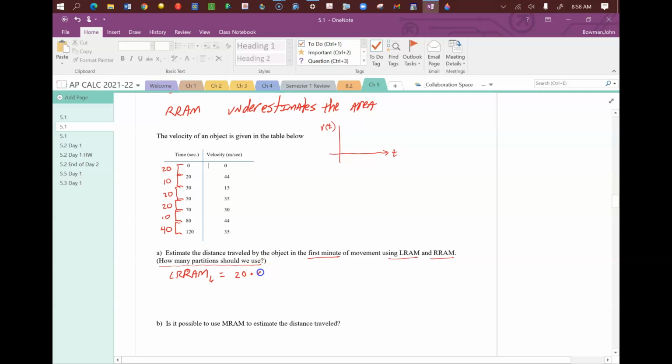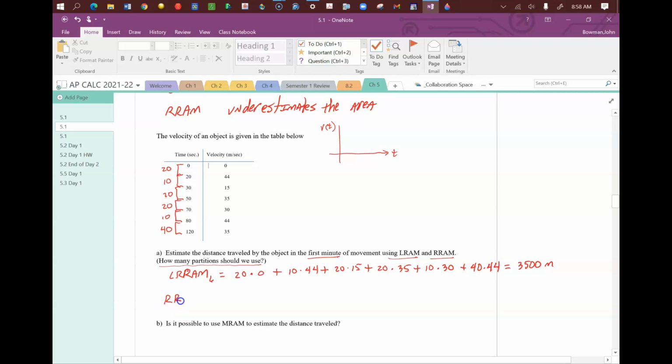So in this case, it's going to be 20 times 0 plus the next interval is 10 units wide times 44 plus the next interval is 20 units wide times 15 plus the next interval is again 20 units wide times 35 plus 10 times 30 plus 40 times 44. And that turns out to be 3,500, and the units would be meters per second times seconds, so meters.